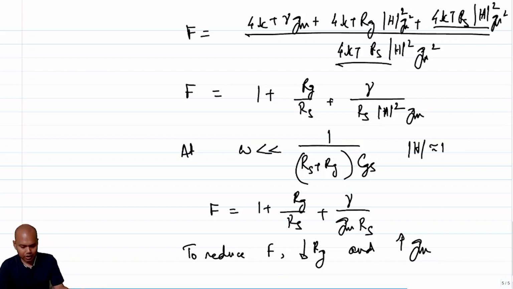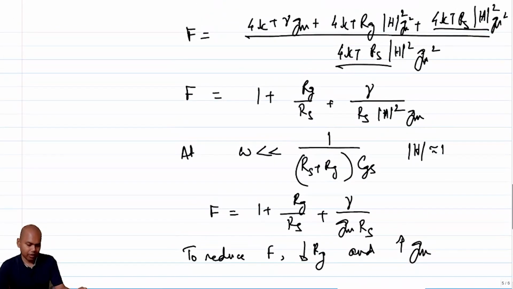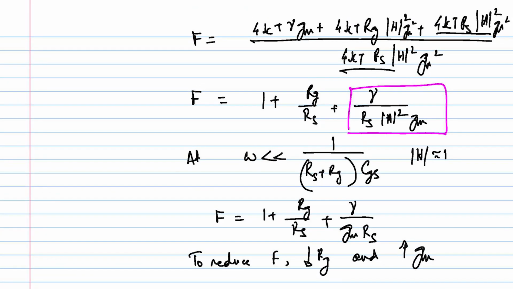Increasing Gm means you end up burning more power. So as you see, there is almost no way of getting rid of the problem of burning more power. But this we did for low frequencies, where we can neglect the parasitic capacitance Cgs. But what if we cannot neglect it?